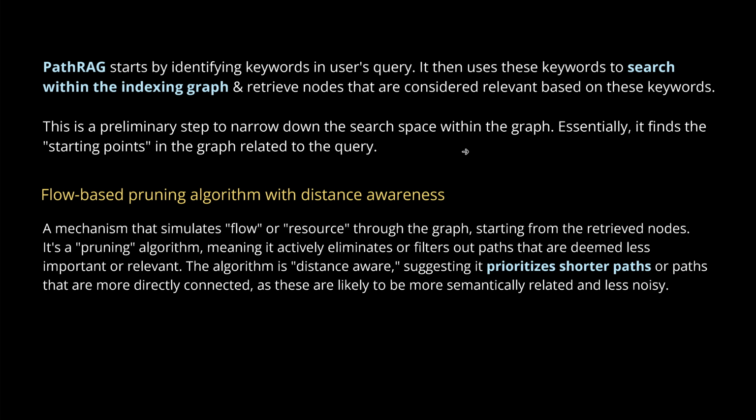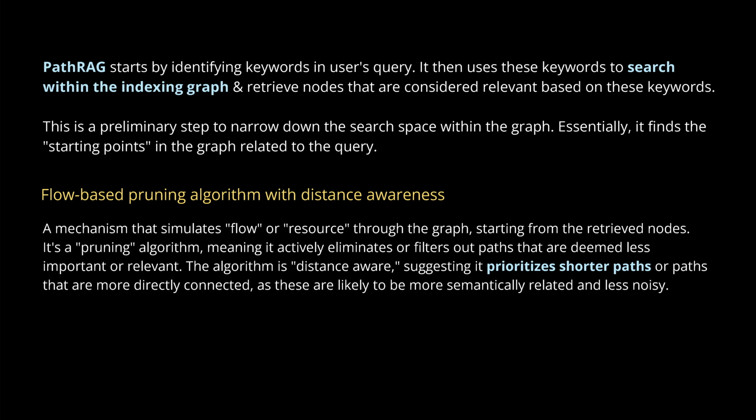And then we have a flow-based pruning algorithm with specific distance awareness. So if we flow through our knowledge graph, we start from the retrieved nodes, we filter out the paths that are less important, that are less relevant, and we are distance aware. We have the complete mathematical knowledge of graph theory.